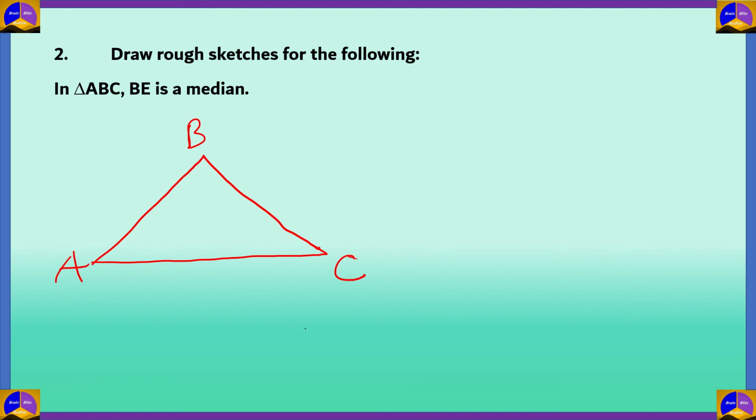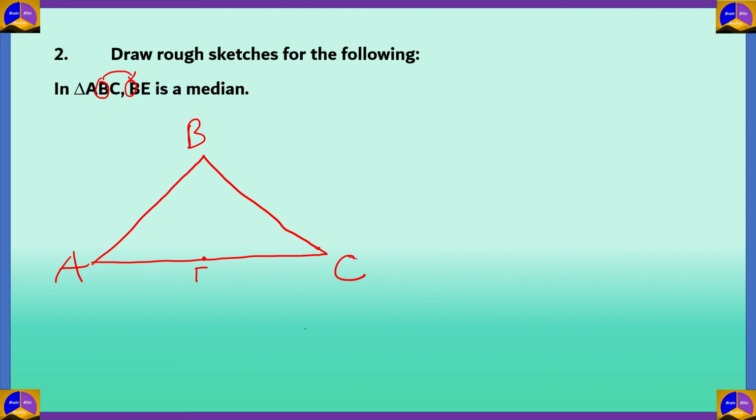Now in the question it's given that BE must be the median. B is already the vertex, and the median is the line segment that connects one vertex to the midpoint of the opposite side. So E must be the midpoint of the opposite side. So E must be in the middle of AC.